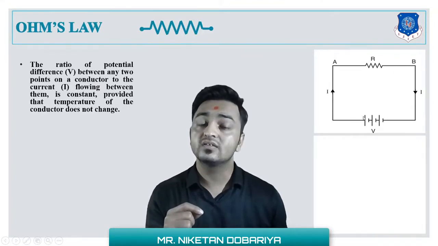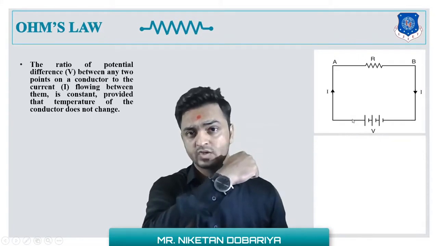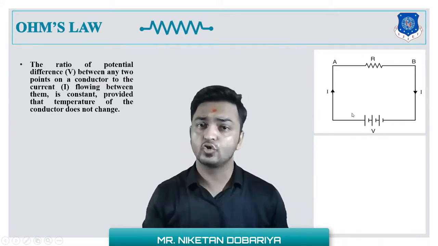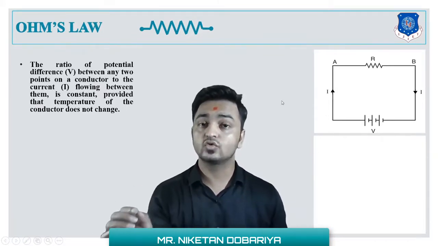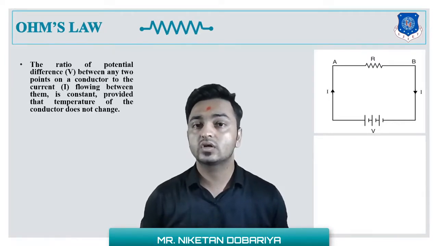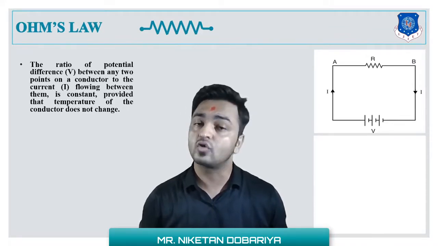That is going to be the supply voltage V, as these are connected in parallel. So the potential difference is V and the current through the circuit is I. So the ratio V by I is going to be constant. But there is one condition given: the temperature must be constant.